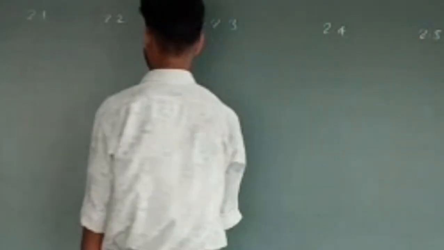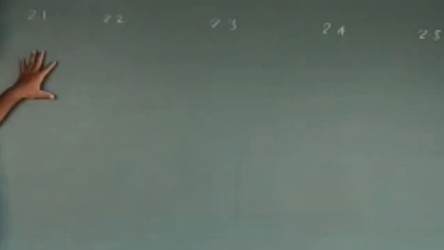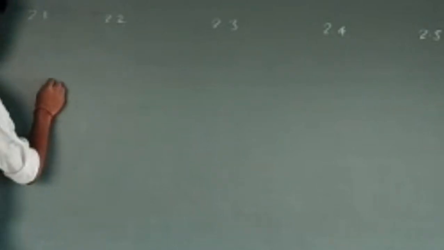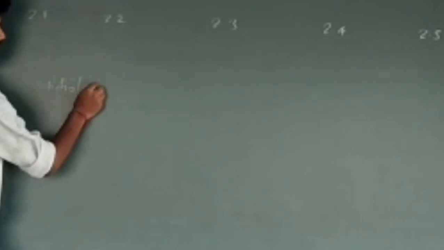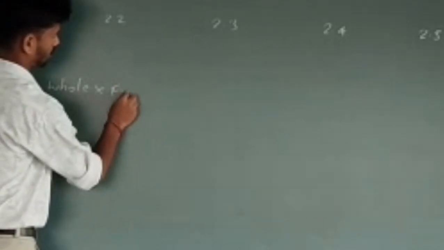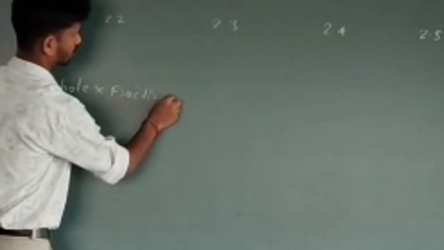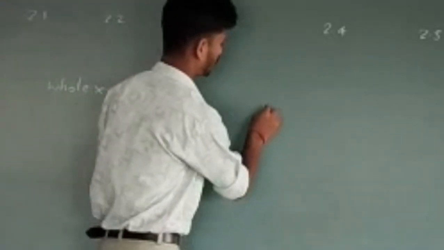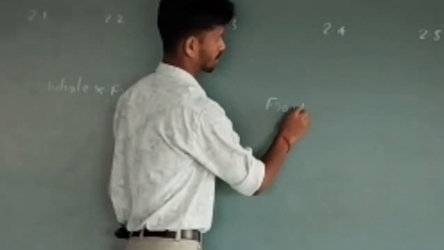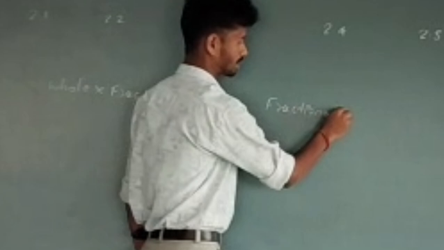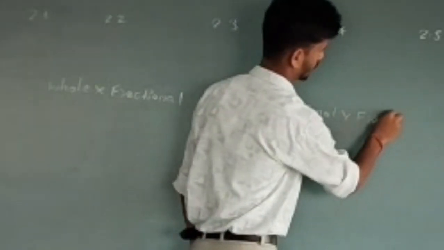Okay. So now in multiplication of fractions we have 2 different types of multiplication. One is we can multiply a whole number into a fractional number. Second type is we can multiply fractional numbers into fractional numbers.